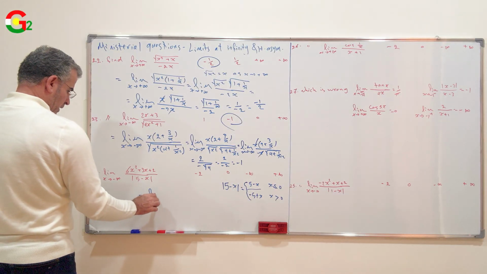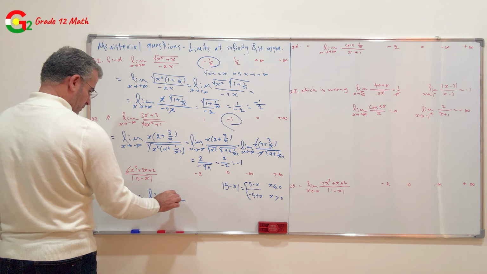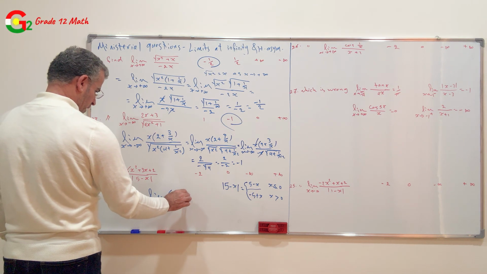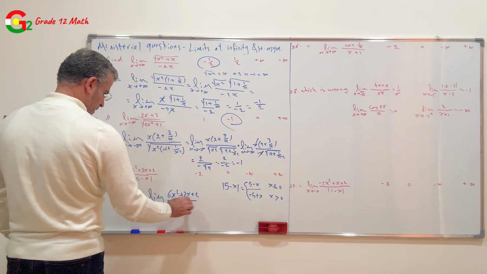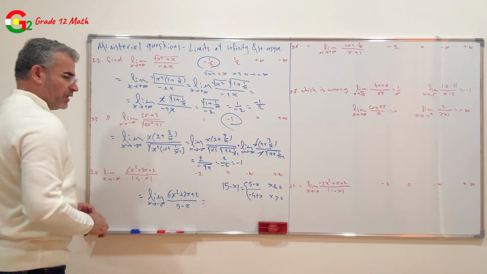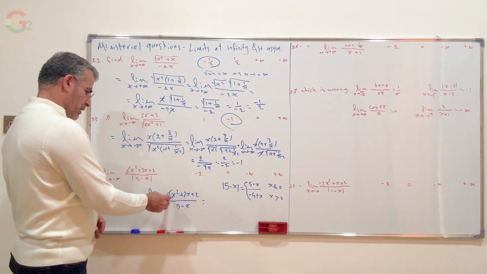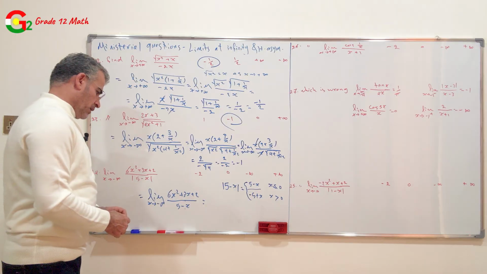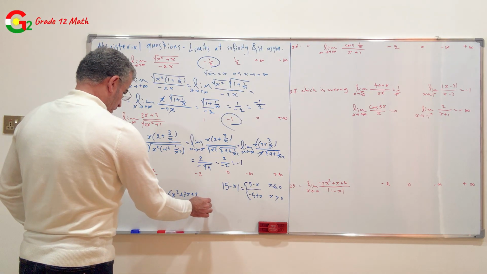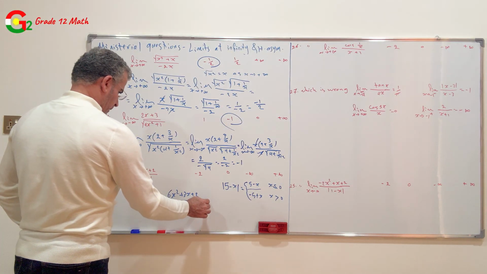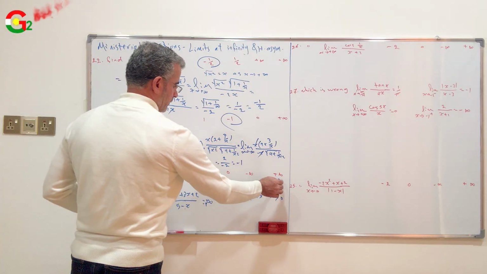The limit will be the limit as x approaches negative infinity of 6x squared plus 3x plus 2 over 5 minus x. Since the power of the numerator is greater than the power of the denominator, the answer will be 6 times negative infinity squared, which is infinity. Therefore, the result is positive infinity.